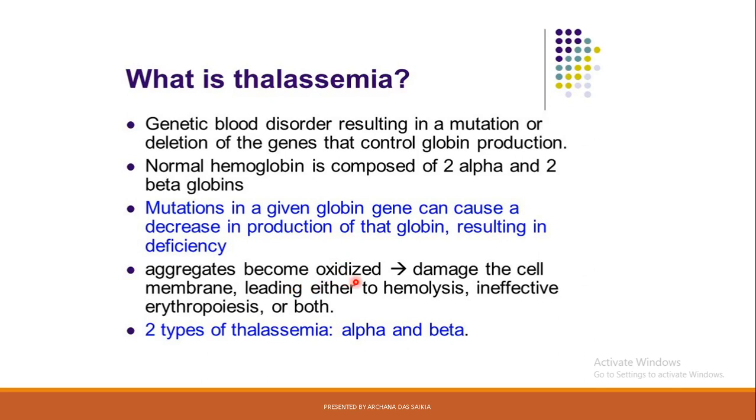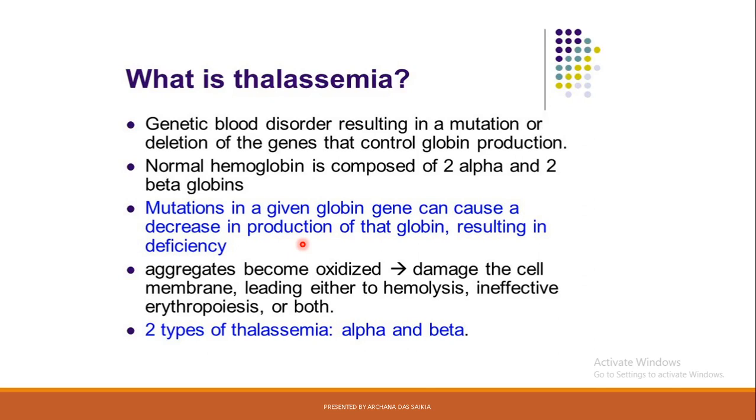Aggregates become oxidized and damage the cell membrane, leading either to hemolysis, ineffective erythropoiesis, or both. That means the structure of the RBC will not be normal, because if the components making up the RBC are not completely formed, then how can its structure be concrete?